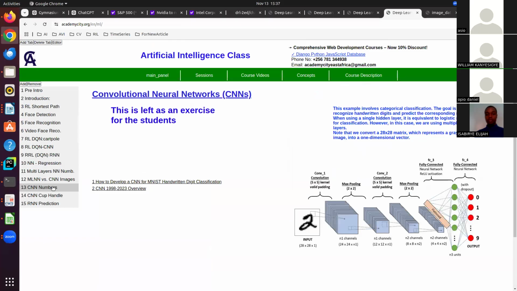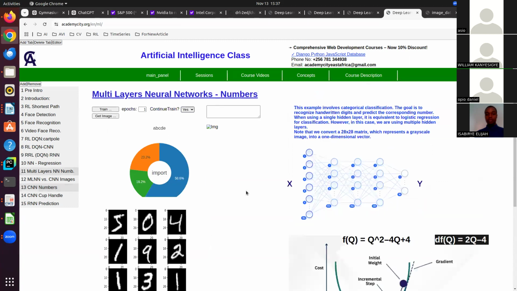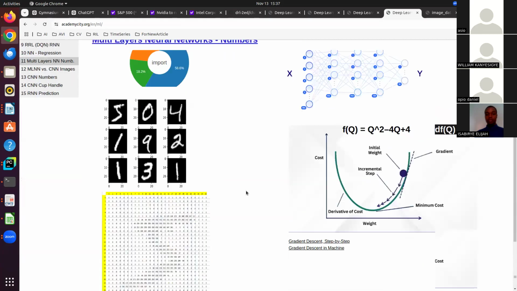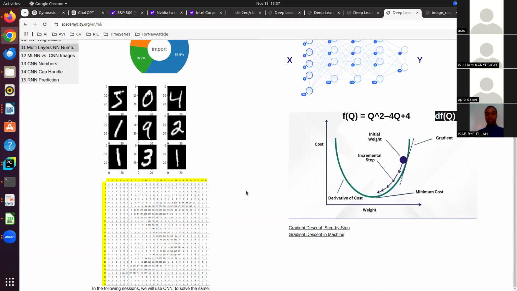But in this example, as we will see in the future, we don't convert the 2-dimension array into 1. We actually use the data as a 2-dimension array. And there's an algorithm, believe it or not, that knows how to read a picture in 2 dimensions and work on it. That's a different concept, and we will dive into it.